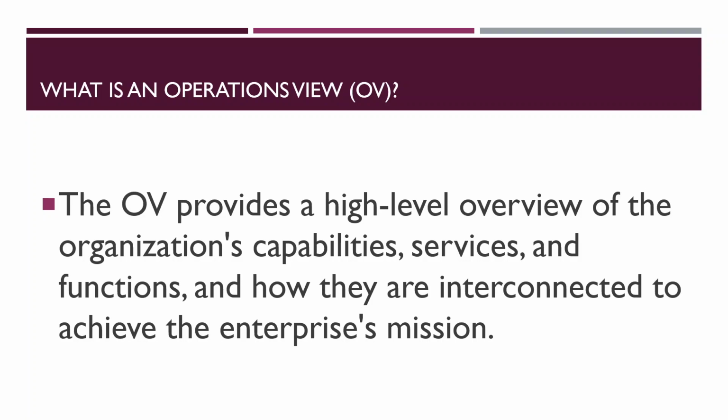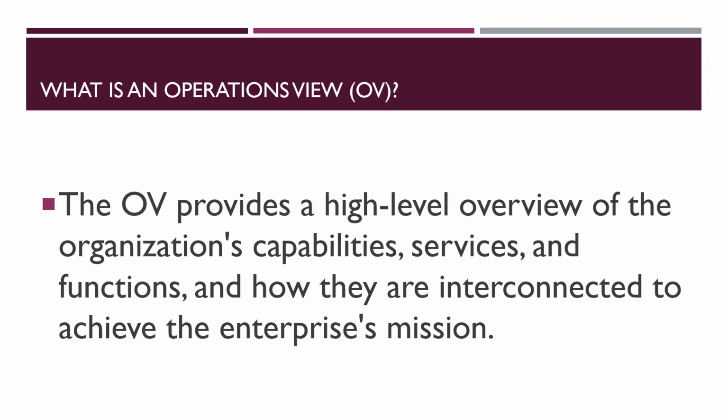So the idea is to project into the future what it is that you're trying to depict, or abstract from a high level what's existing today that you're augmenting. But in our case, an OV provides a high-level overview of the organization's capabilities and any functions that are associated with that. It also gets into any linkages between the systems.